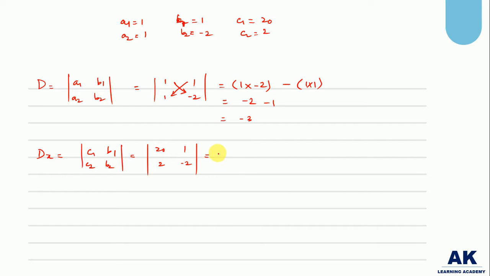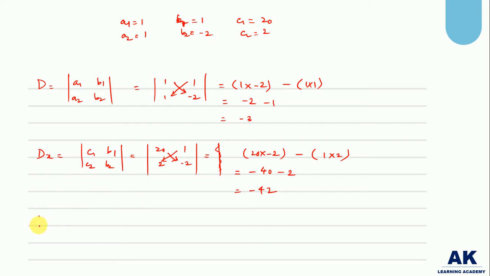Which equals 20 into minus 2 minus 1 into 2. 20 into minus 2 is minus 40, minus 1 into 2 is 2. So minus 40 minus 2 is minus 42.